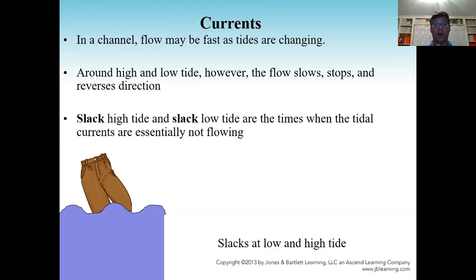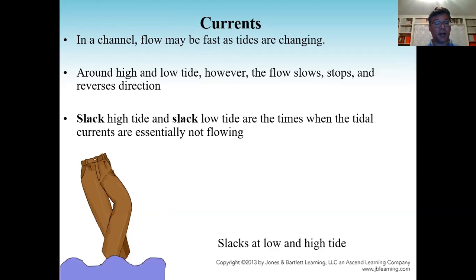Also, tides coming in, tides going out, well, it has to turn around there. So we have slowing and stopping at high tide coming in, and at low tide going back out again. So these points are referred to as slack high tide and slack low tide.